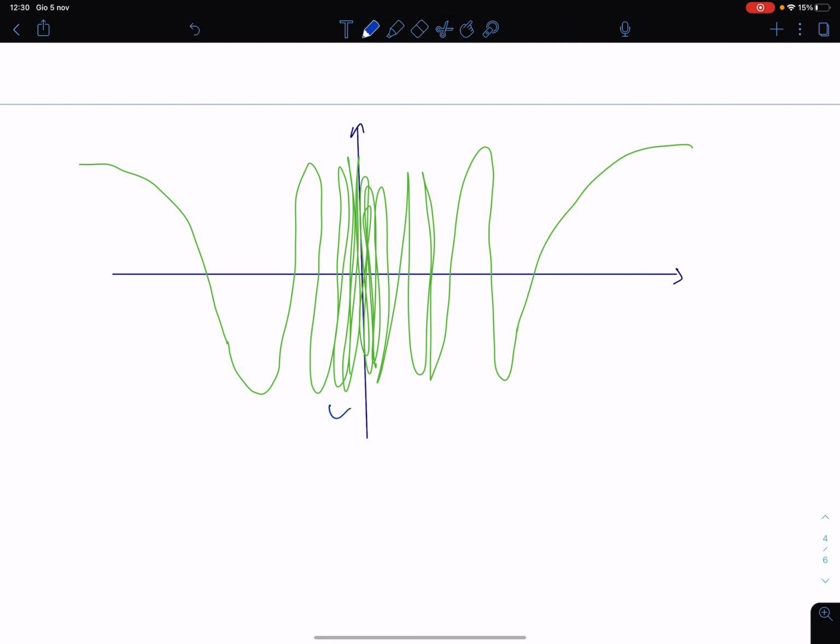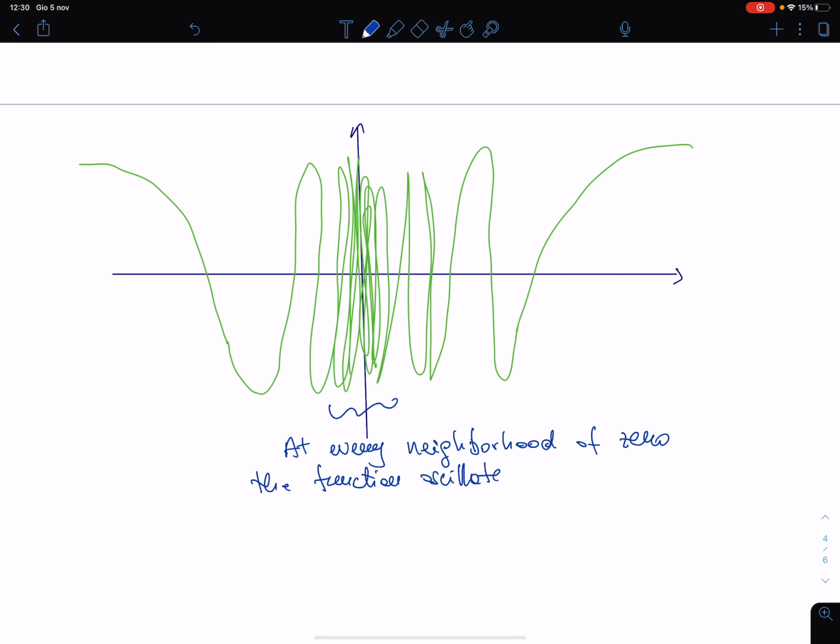The idea is that in every neighborhood, even a very small neighborhood of 0, the function oscillates, and it oscillates infinitely many times, from -1 to +1.